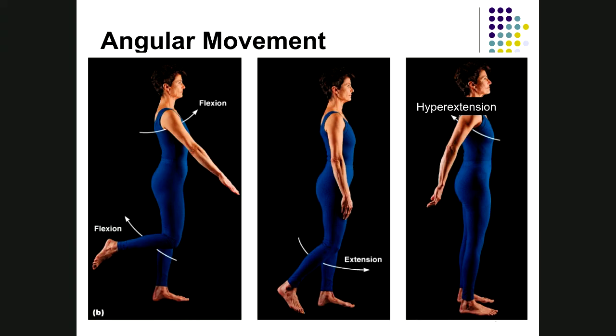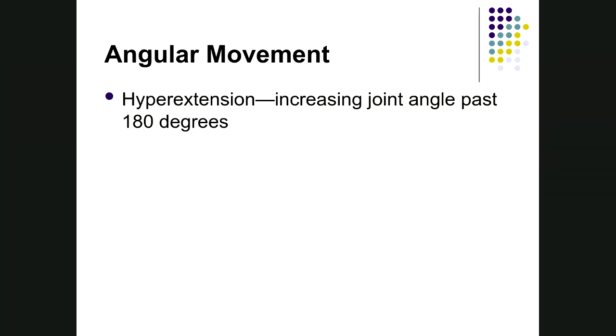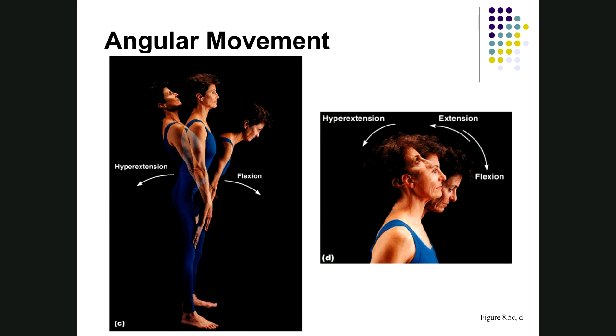And so if you look at this arm, it went past 180 degrees this way. Here's 180. It went past, and so that's hyperextension. We can also see hyperextension here. So look, if you think about your head, this is the normal position of the head, but you can bend your head forward.